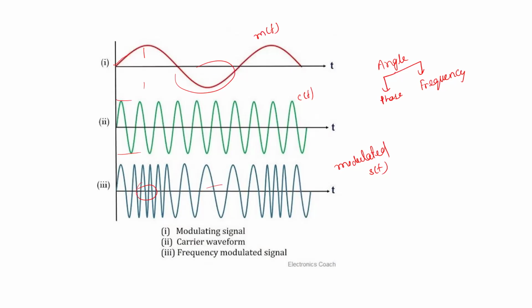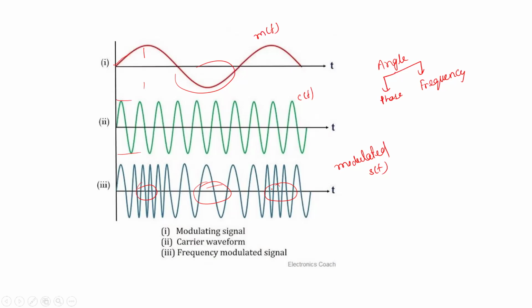On the basis of the message signal, it is like compressing and expanding. When we have less amplitude, it is more expanded, meaning time period is more, so frequency is less. When it has high amplitude, the time period is compressed, meaning frequency is more. Like this, frequency modulation takes place.